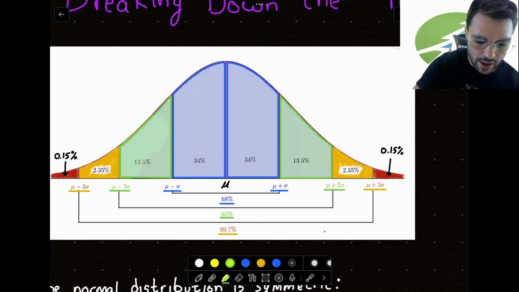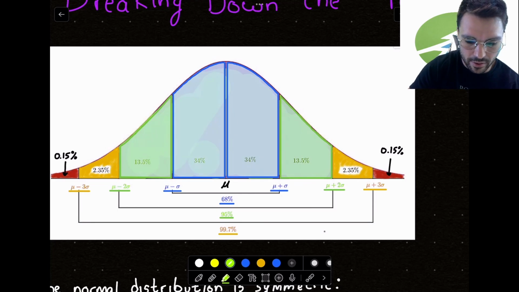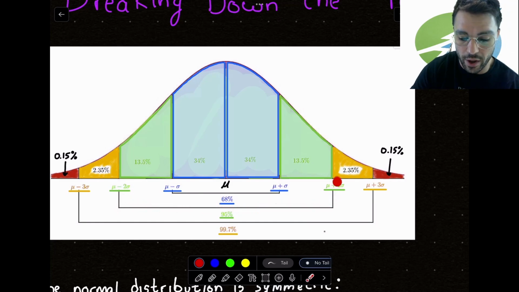There we go. Now this is saying everything from minus 2 standard deviations all the way to plus 2 standard deviations accounts for 95% of the data. But just this part here between minus 1 and minus 2 is 13.5, and plus 1 to plus 2 is also 13.5.